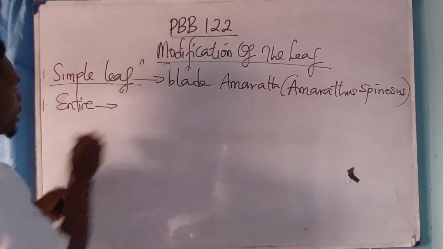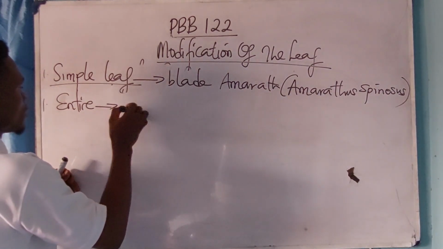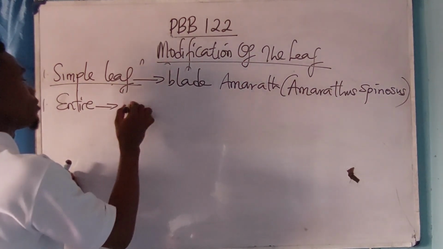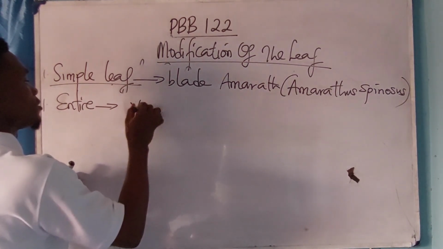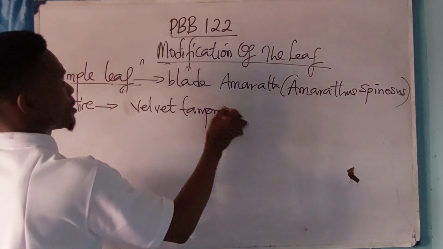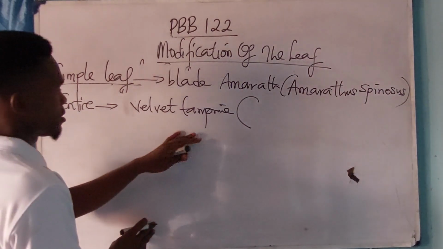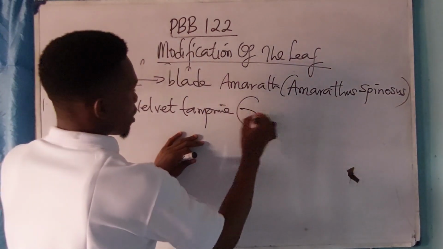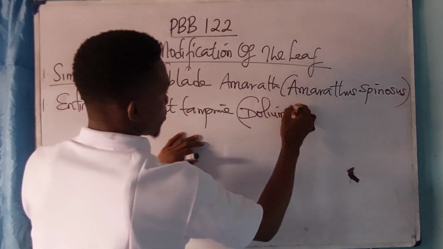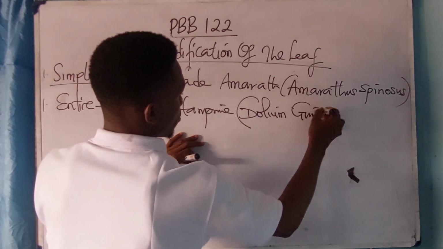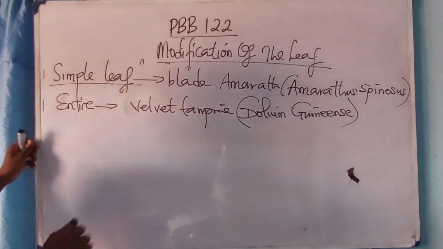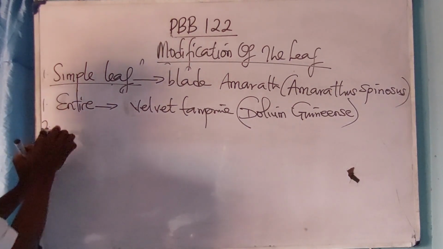Example is found in the velvet leaf, I don't know if the spelling is correct, and it is called Dolium guineense.